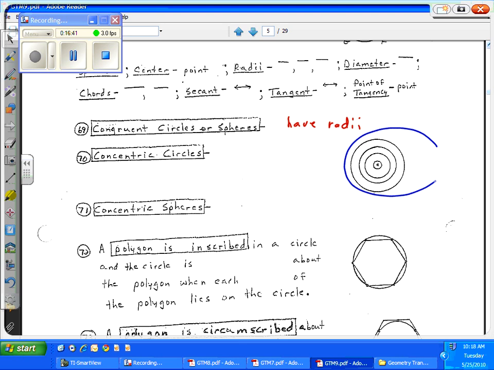Concentric circles. Now, they actually look like a target, see? But concentric circles are circles in the same plane with the same center.